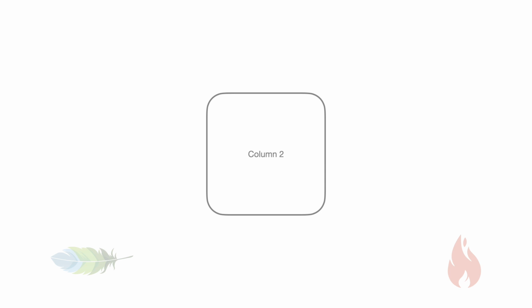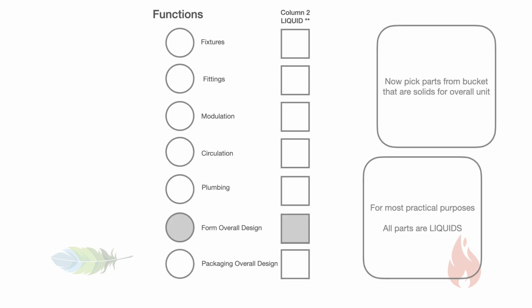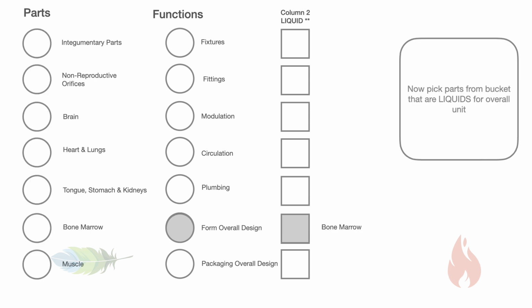All right, so now we've got column 2. The contextual requirement is that it's a liquid. So let's look at that foundational functionality. The part needs to help with form for the overall design and also needs to be a liquid. It's kind of easy because it pretty much gives the answers, but bone marrow would definitely facilitate those requirements for functionality.